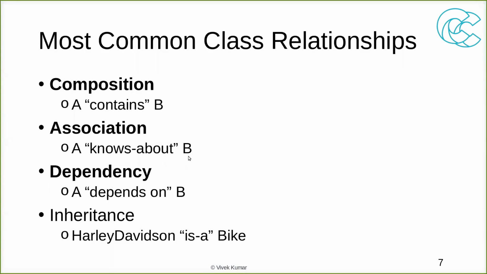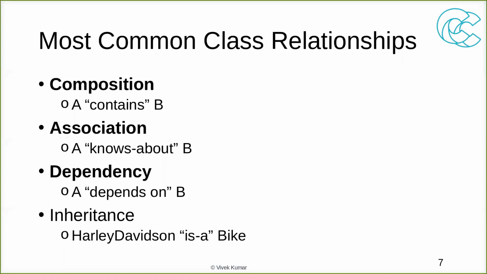So there is no containership or even minor association with the other class, but it simply depends on it. So for example, let's say instructor is teaching a course. There is a course class which is independent, and there is an instructor class which is independent.